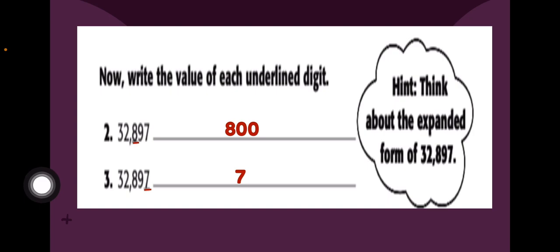It is in the hundreds house. So in the hundreds house, it will be 800. Excellent. Now here, can you see this one? In what house? In the ones house. So we won't write any zeros. So it will be 7.